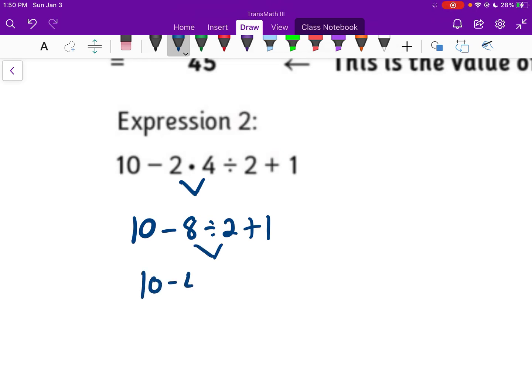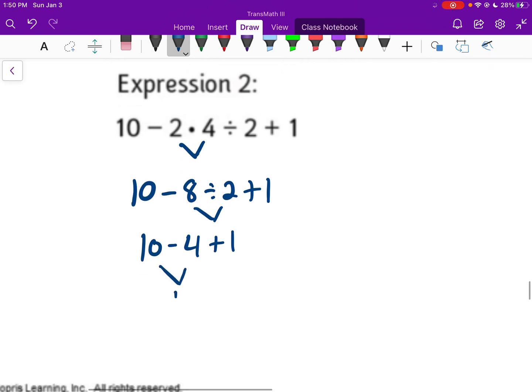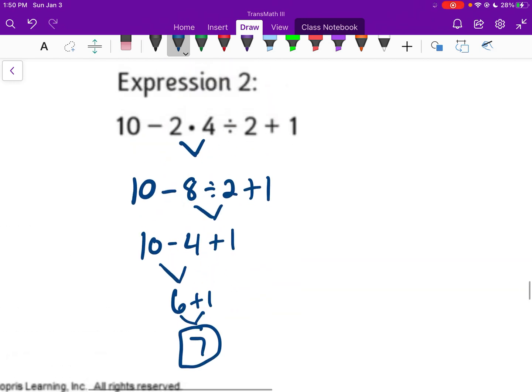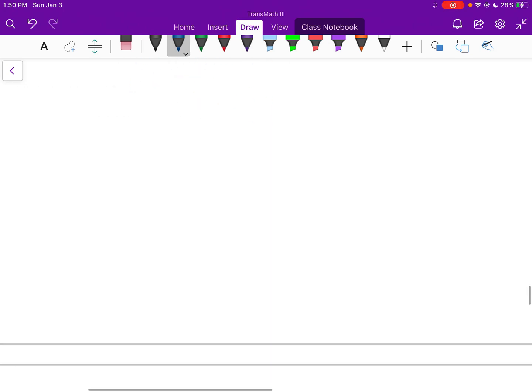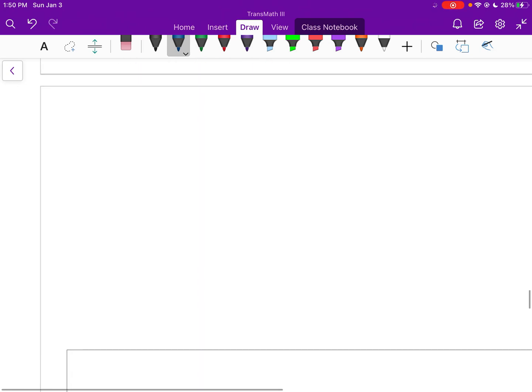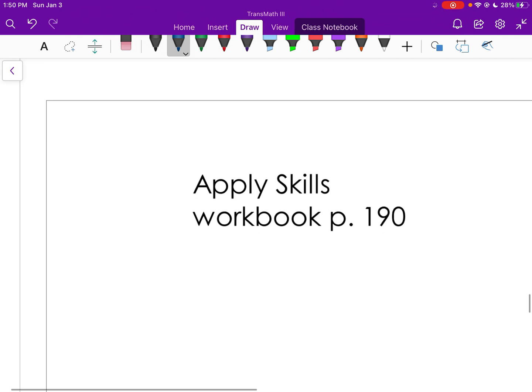So then we have 10 minus 4 plus 1. Now, no more multiplication and division, so we can move on to adding and subtracting. Again, from left to right, 10 minus 4 gives us 6, plus 1, which will be 7. So when we evaluate that numeric expression, we should get 7. If you do not follow the order of operations, you probably will not get that. If you do, it will be based on luck. So make sure you know your order of operations.